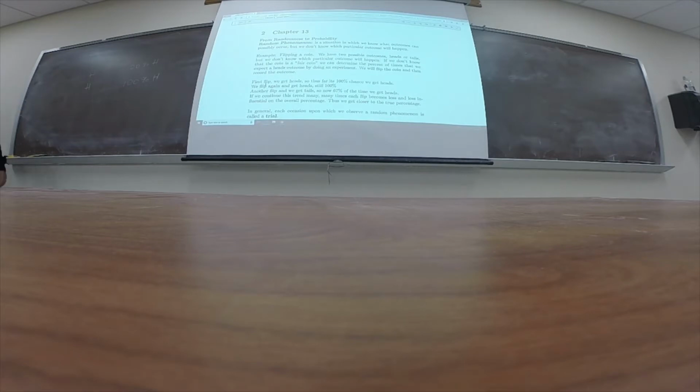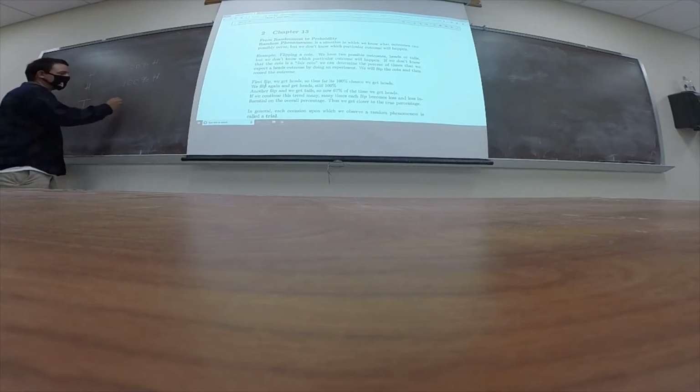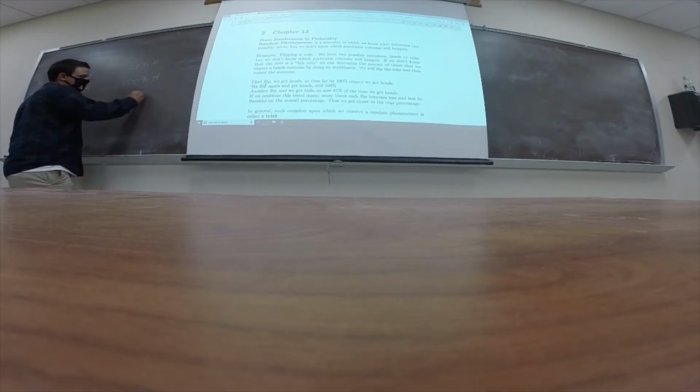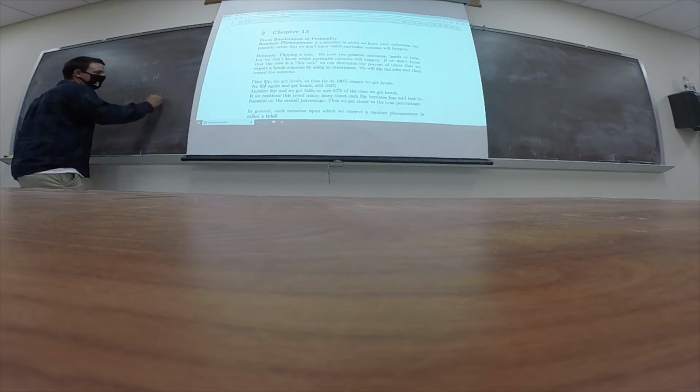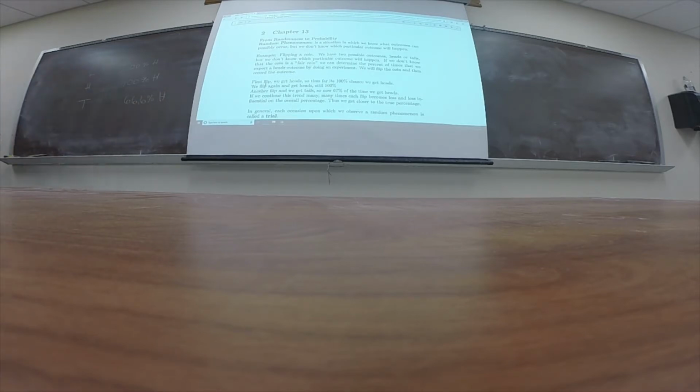If I do a 3rd flip, and I get a tails, now there's a 66.6% chance that I get a heads. Does that make sense? How that's working? And I can keep going and going and going. As you continue to go, this percent gets closer and closer to the true percent. So the more experiments we do, the closer we get to the overall percent. So if it's a fair coin, eventually it should get really, really close to 50-50.